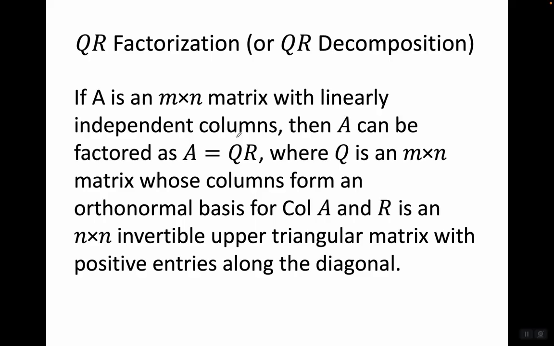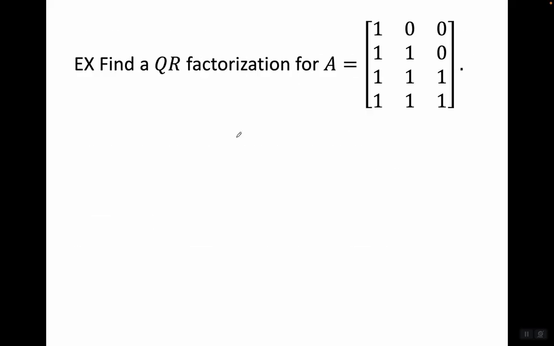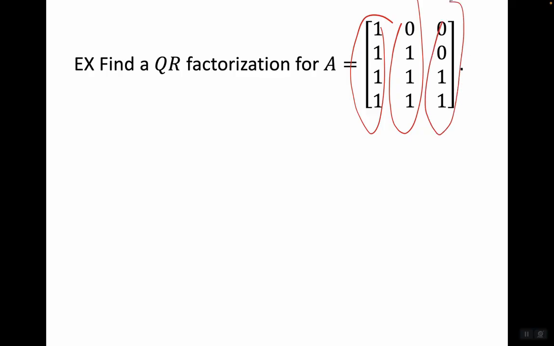That is the essence of QR factorization or QR decomposition. So again, I restated this, so the same thing. Okay, so QR factorization for A. Notice that these are the columns that we saw earlier.